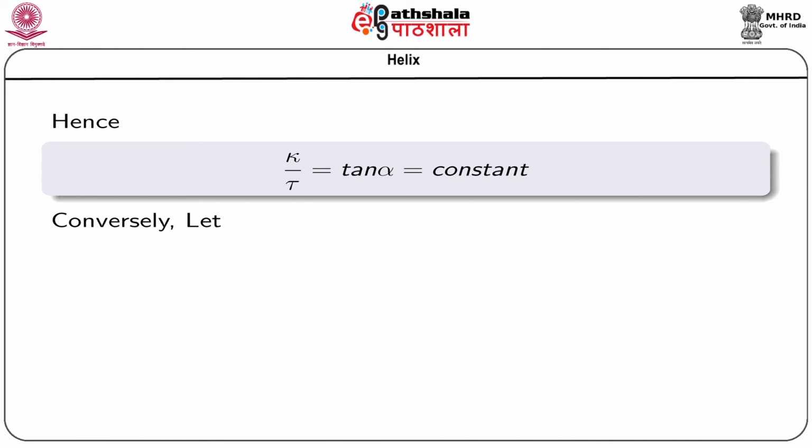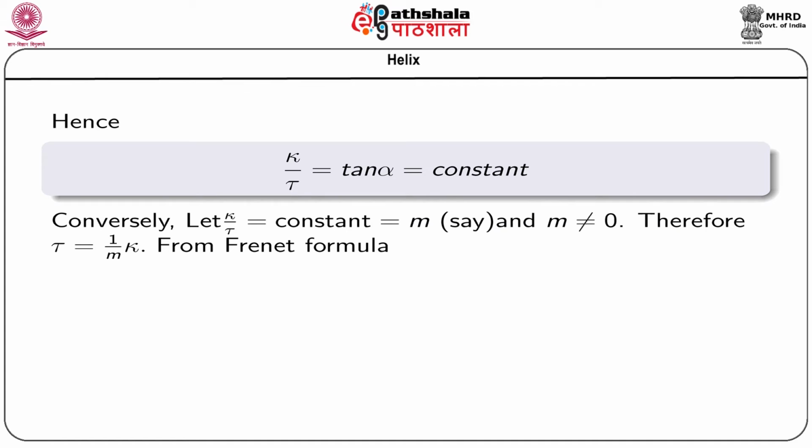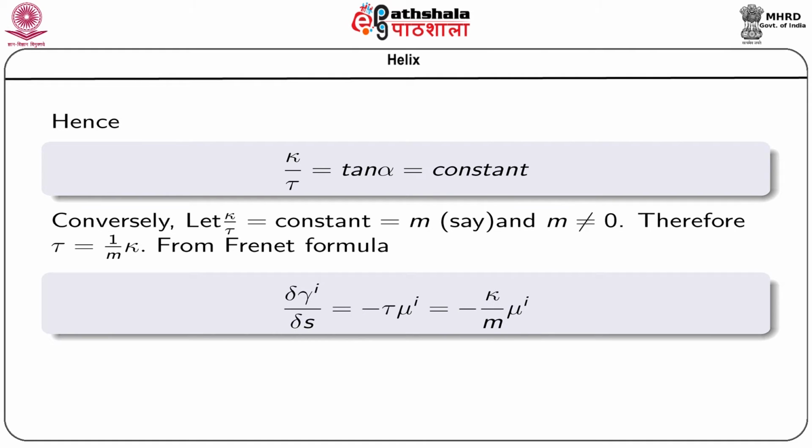Now, conversely, let us assume that kappa by tau equals a constant. Therefore, tau can be expressed as 1 by m kappa, where m is not equal to 0. Now, from the Serret-Frenet formula, we have del gamma^i by del s equals minus tau mu^i.